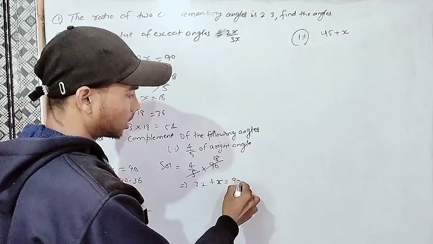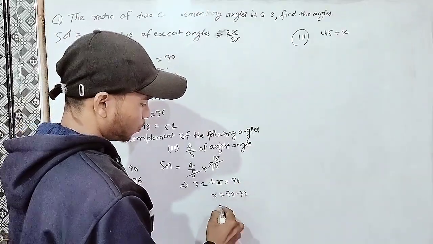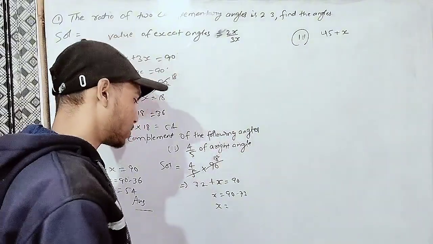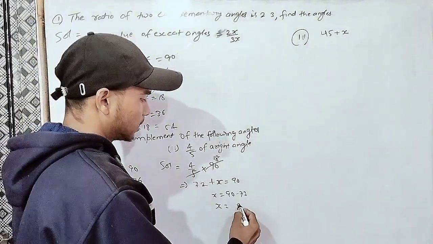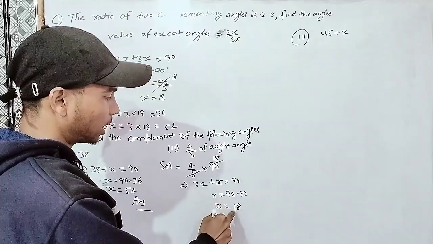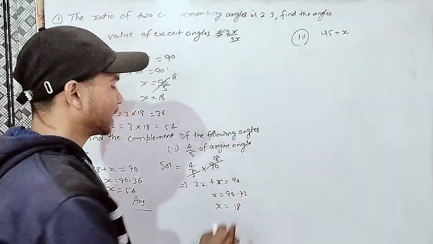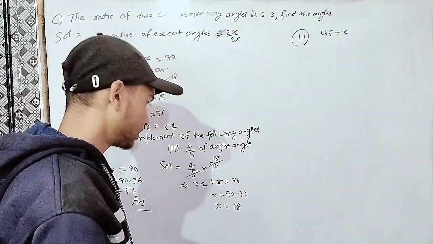The sum of this would be 90 degree. Then 90 minus 72. Now we have the answer. 8 and 10? Am I right? No. 72 and 8, how much? 72 plus 18 is 90.